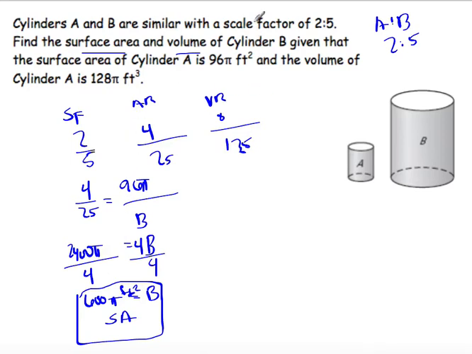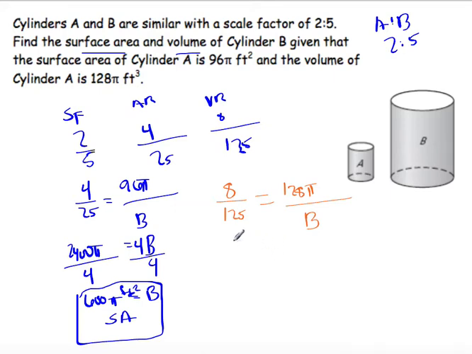Then for the volume, we're going to use the volume ratio, which is that 8 over the 125, and set it equal to the volume of the small one, 128 pi feet cubed, over the volume of cylinder B. And so we're going to cross multiply.